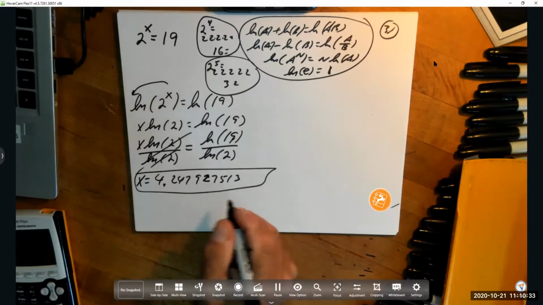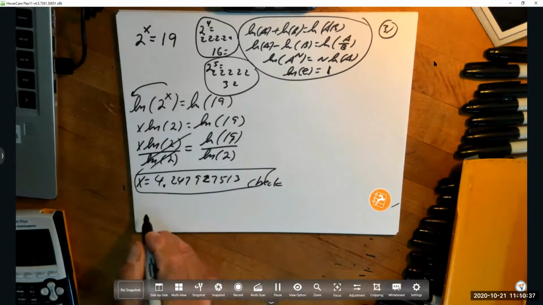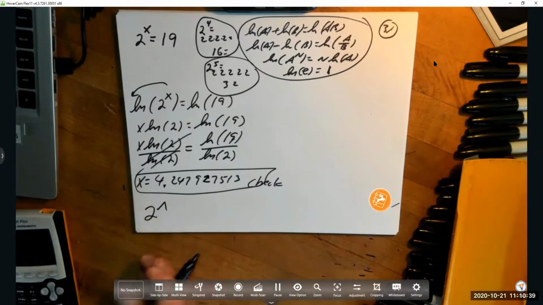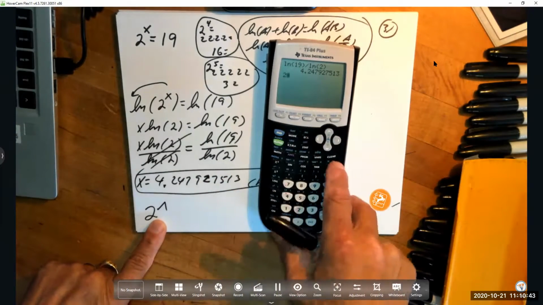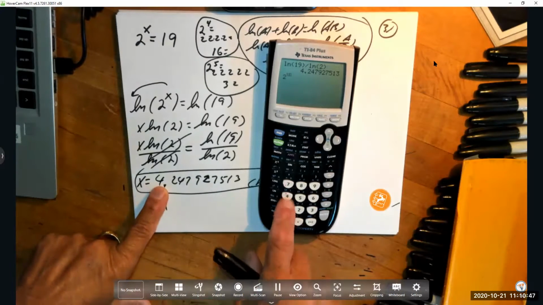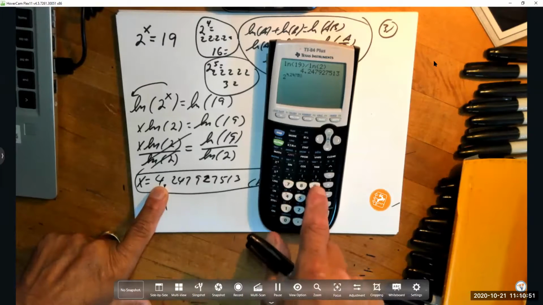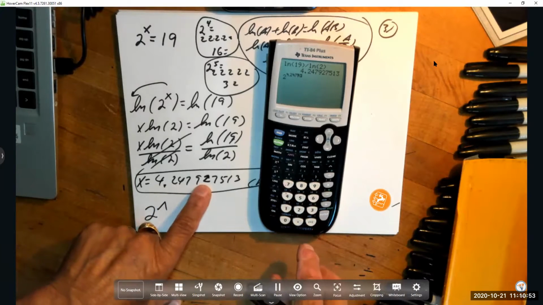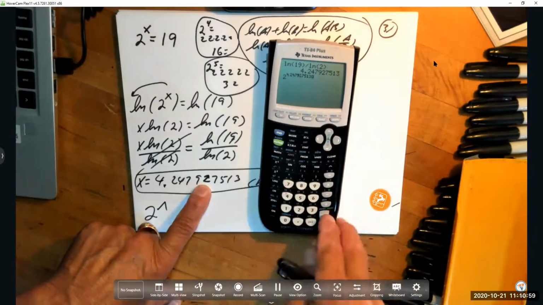So now, to check this number, see if it works, you're going to have to do it like this. You have to go 2 to the power. Okay? You're going to go 2, power key, this thing right here. And then all these numbers here. 4.2479, 27513. Put all these numbers in there, hit enter.